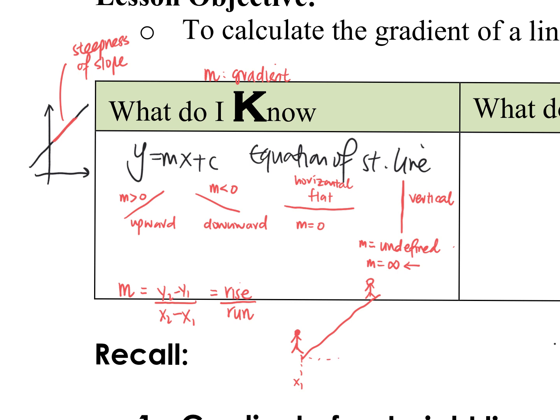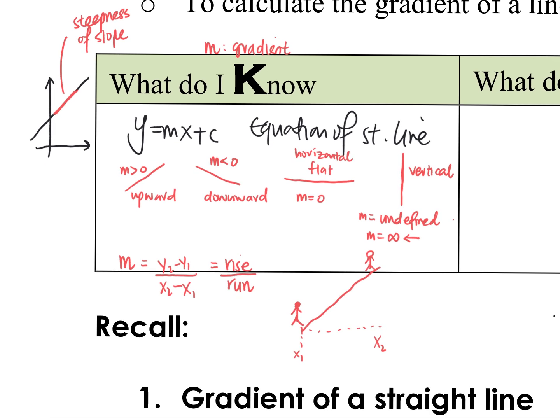You run up to x2. So what is the distance here? It will be x2 minus x1. So this will tell you what is the horizontal distance that you have run forward. So this is the run.